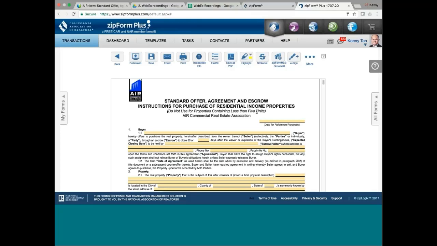Usually 2 is like a duplex, and then 3 is like a triplex. You could have a 4-unit apartment complex. If you have 4 units, do not use this form. If you have 5 or more, then you use this form. Okay?